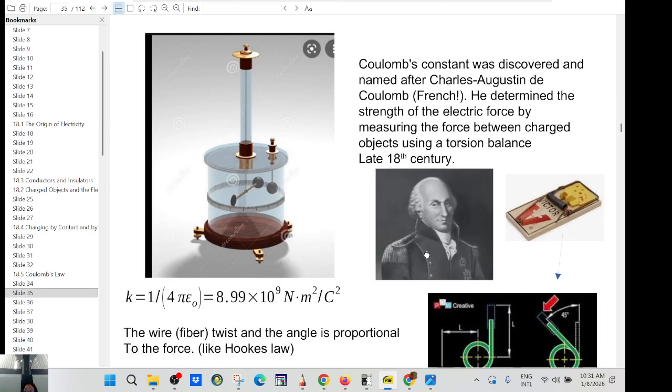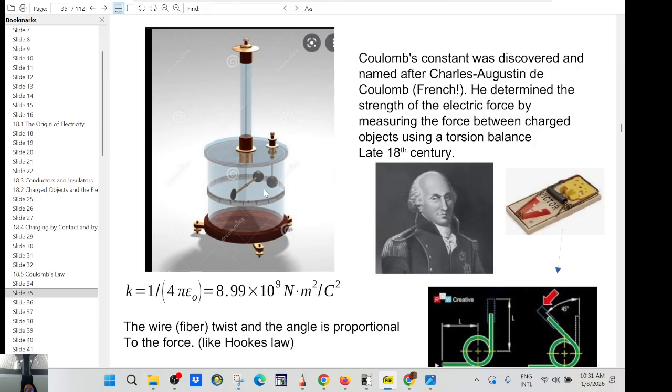Charles Augustin Coulomb did that experiment, and it's the same thing as the Cavendish experiment, who computed the gravitational constant. So he did that experiment to find this constant here. And it's easy to understand, right? So this one will be charged, let's say, positively. This one is charged negatively.